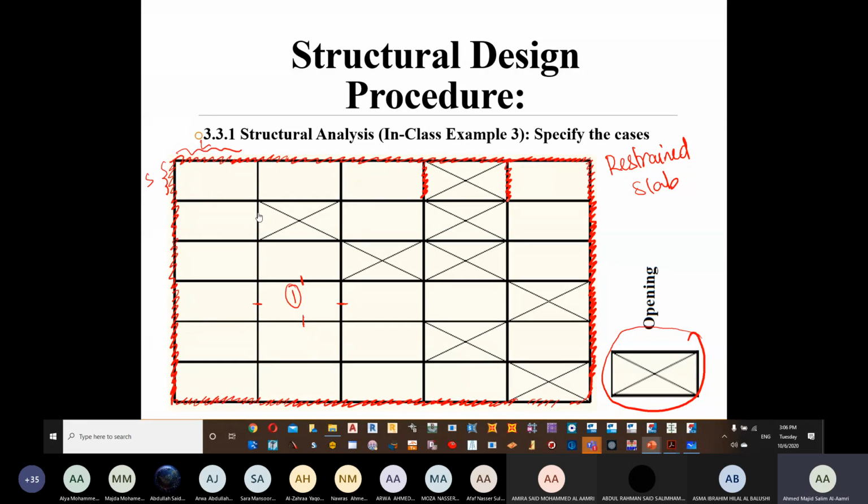Because there is no slab, right? Discontinuous.